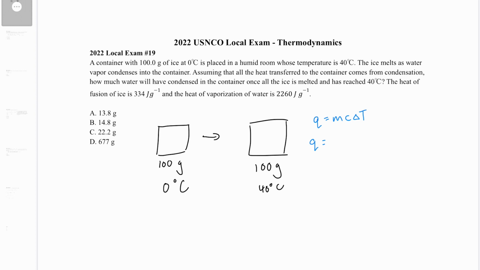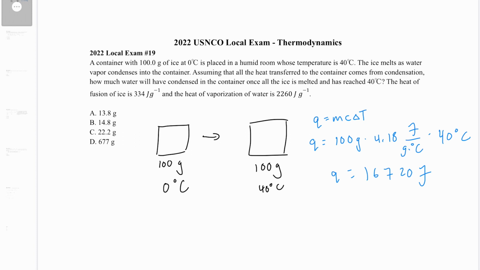We have 100 grams, and we know that the specific heat capacity of water is 4.18 joules per gram times Celsius, times the change in temperature of 40 degrees Celsius. So Q comes out to 16,720 joules. That's one of the energies associated with this change.